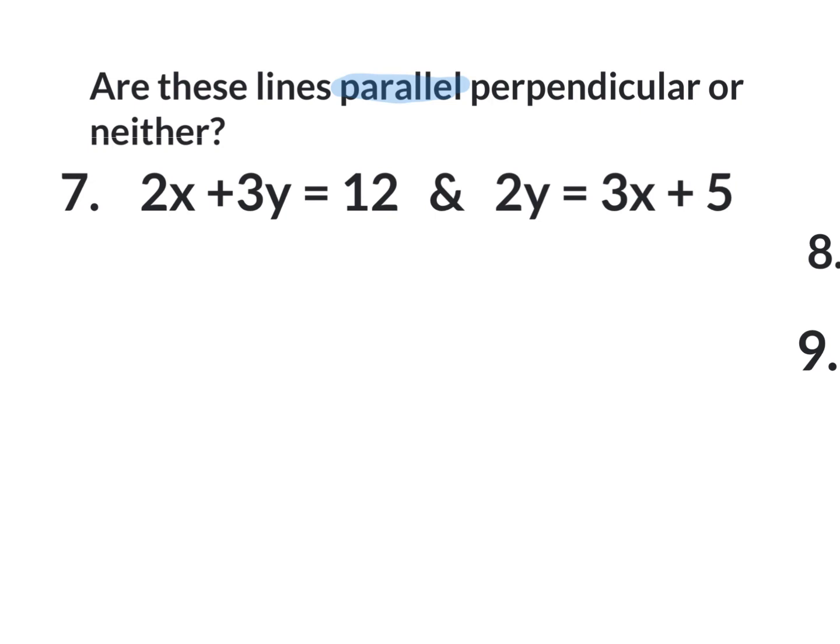So if you're jotting down notes, you probably want to write down parallel have the same slope, the same m values, okay? Perpendicular lines, on the other hand, have negative reciprocal slopes, okay? Perpendicular lines have opposite reciprocal m values, okay? So it's all about the slope, it's all about the m.